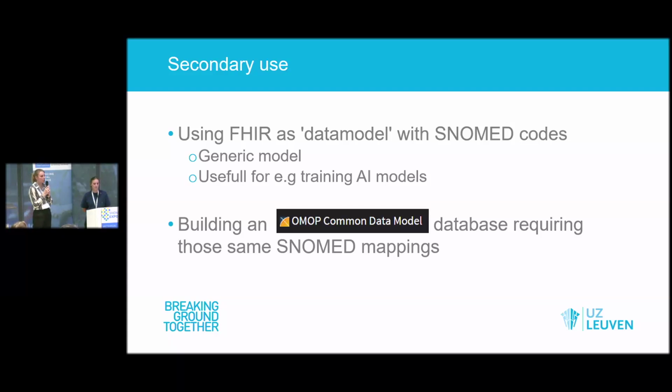So those same SNOMED mappings are being used, with the note that the intention of how they are mapped is a little bit different. Initially we mapped with the idea of what we want to change primarily. So maybe sometimes the mapping needs to be revised for secondary use, but of course it's a very good start to begin with.